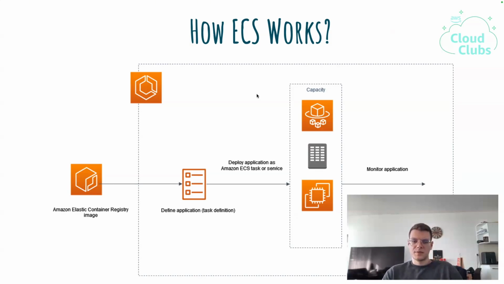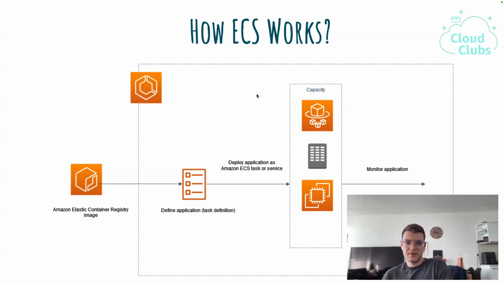Also, there is one other abstraction. It's called a service. Services are actually taking care of tasks. They ensure the tasks are running and scale automatically if needed, if those settings are set, of course. So services take care of it if one task fails. They try to create another task to cover the failed one.